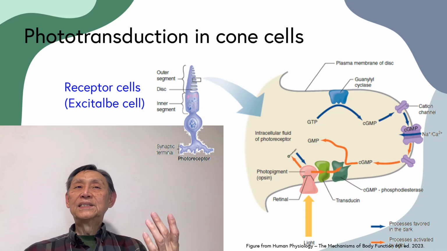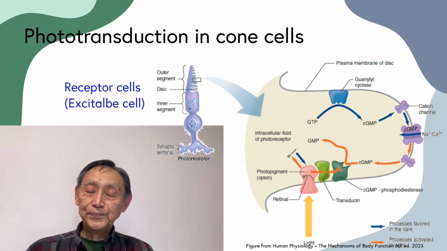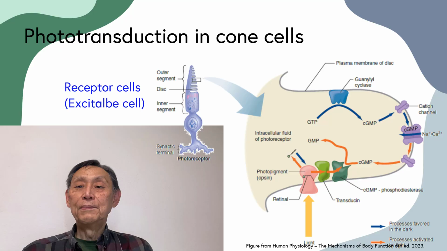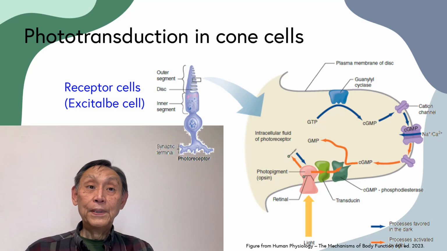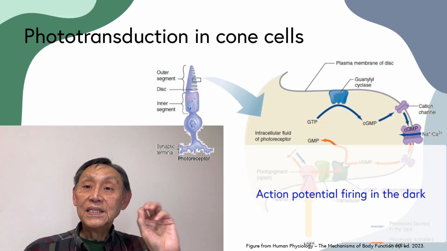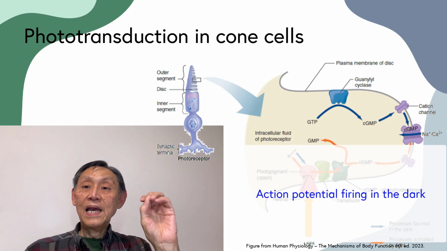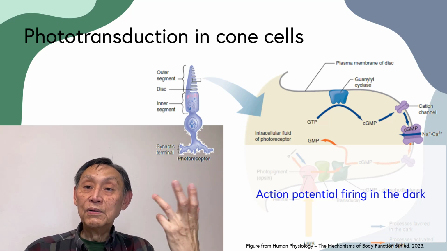Usually receptor cells without stimulation are quiescent. When stimulated, they become activated, but not photoreceptor cells. During darkness, photoreceptor cells are activated. That means they have action potentials always going on.